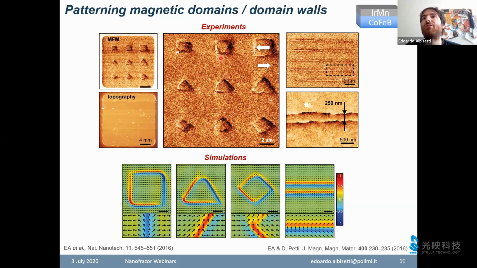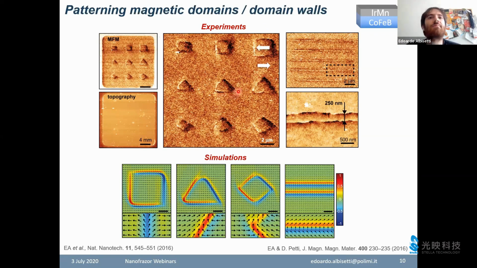So domain walls in general, if you heard about racetrack memories, for example, there are recent proposals of a spintronic device for storing magnetic information. The magnetic information in that device is actually stored in the domain walls.